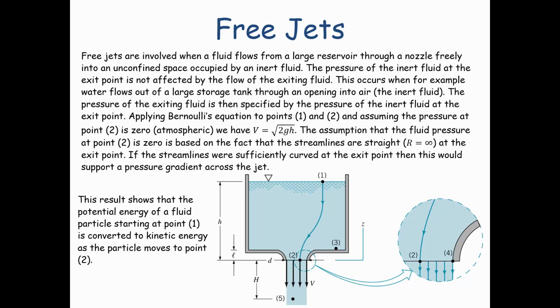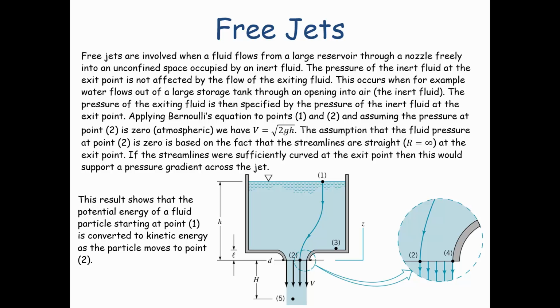Okay, let's move on, and we'll look at the problem of fluid flowing out of a container. And here we're going to be examining the characteristics of what we call free jets.